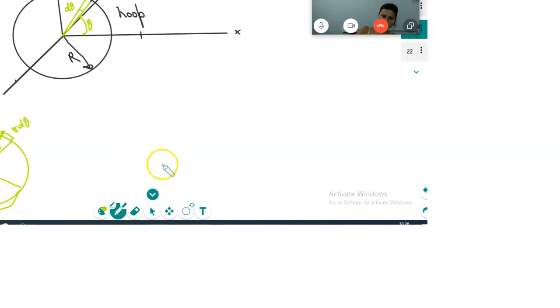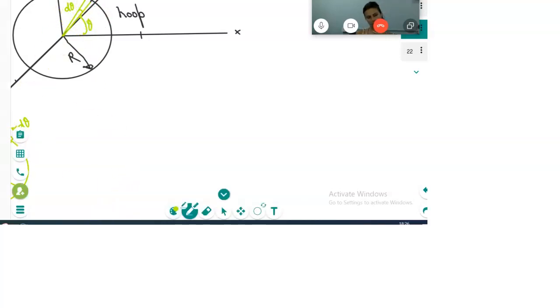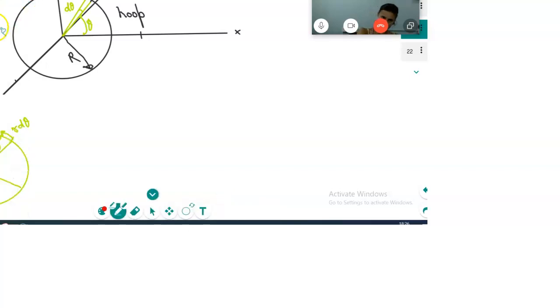This is called r d theta. Is it clear? What is this r d theta? It is the length of this small piece. Which piece? This small piece.